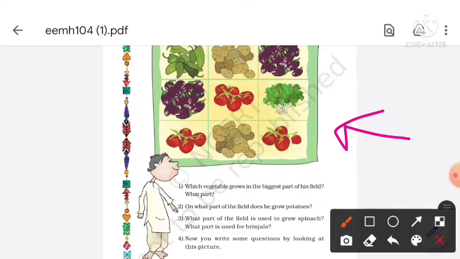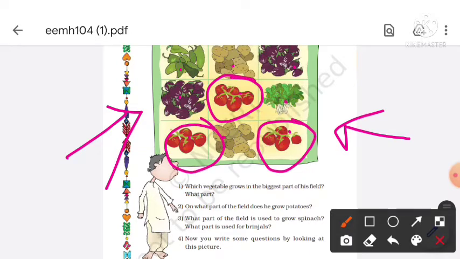Because there are 9 equal parts, 1 2 3 4 5 6 7 8 9, and out of 9 equal parts, 3 of them contain tomato.